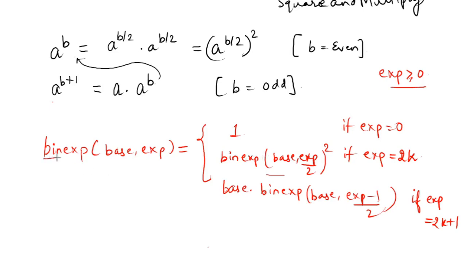Hence, binary exponentiation. One time with base and another time with binary exponentiation, base of (exponent minus 1) by 2. So every time two multiplications take place, hence the term binary exponentiation.